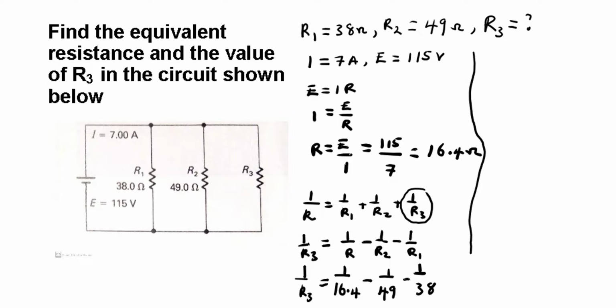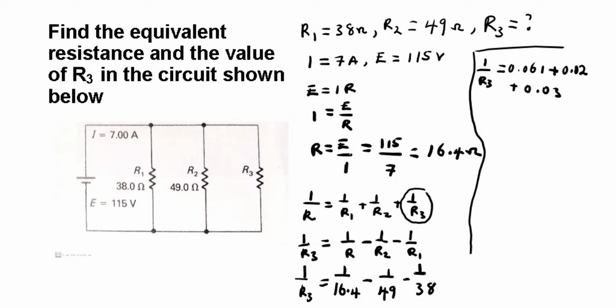Okay, so here 1 over R3 will now be equals to 1 divided by 16.4, which is 0.061, plus 1 divided by 49, which is 0.02, plus 1 divided by 38, which is 0.03.